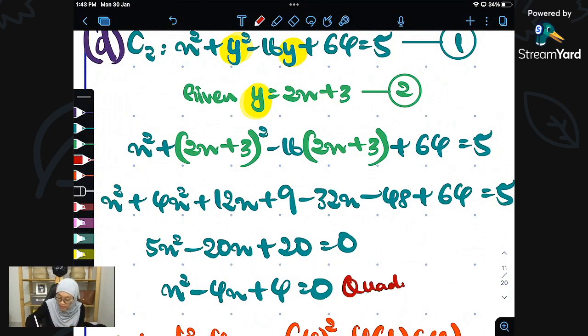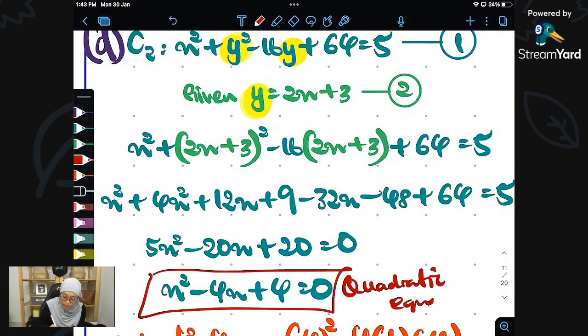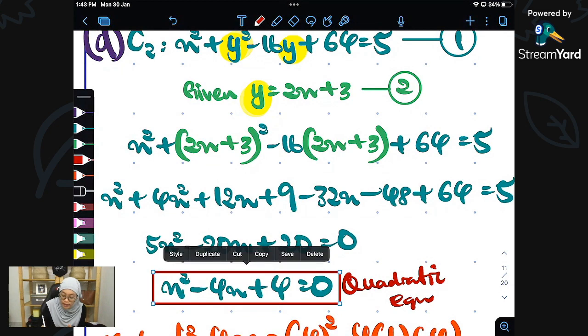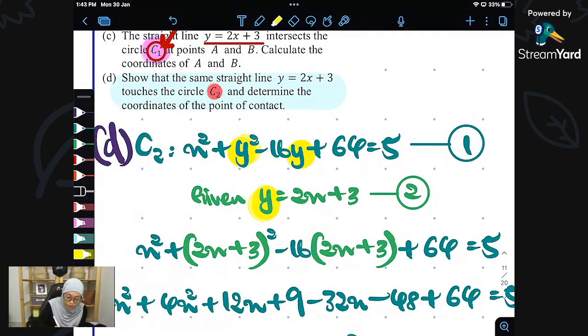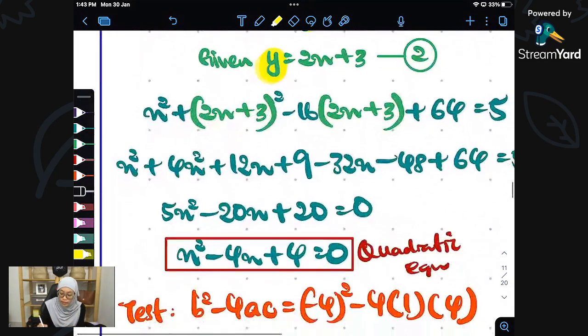So please bear in mind, saya nak you all sangat particular dengan quadratic equation ini setiap kali menyelesaikan soalan circles. So you got to meet this quadratic equation, which is ax squared plus bx plus c equal to 0. I want you to make sure to get this first, and then since soalan ni berbentuk show, so we got to test lah.